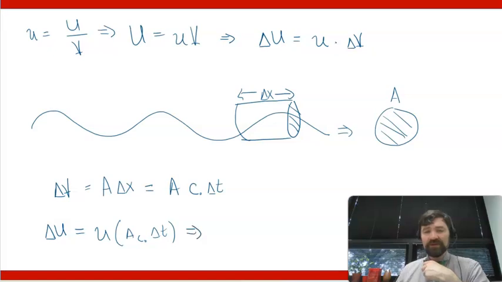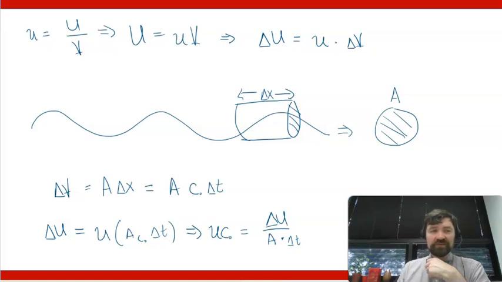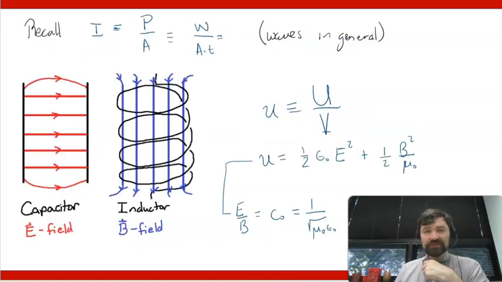And so it follows that little u times C naught is equal to big U divided by area times time. But that's just the same equation that we have over here. This could be rewritten as delta U over area delta time.